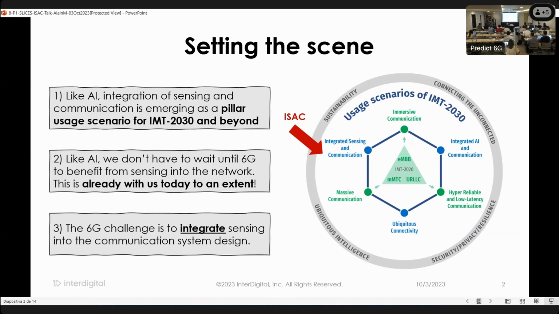First is the integration of artificial intelligence into the system. This is the blue dot on the right-hand side. And the other one is the integration of sensing with communication. So when we refer to ISAC, there's already global international agreement that this is going to be a very important capability, like AI, that needs to be integrated into the 6G system.